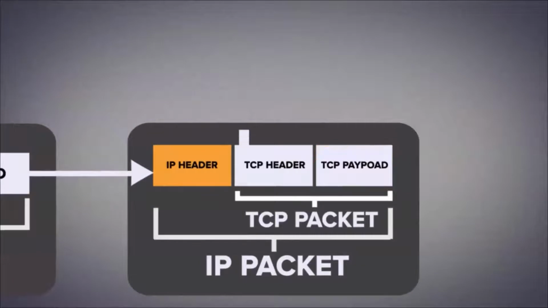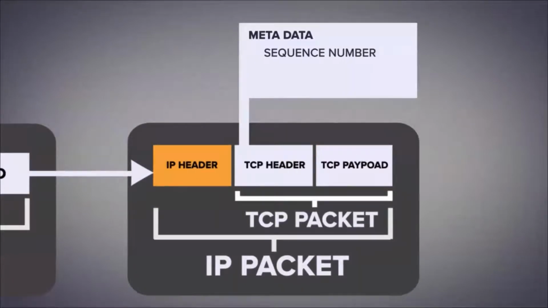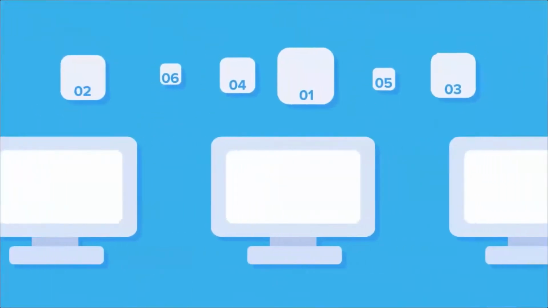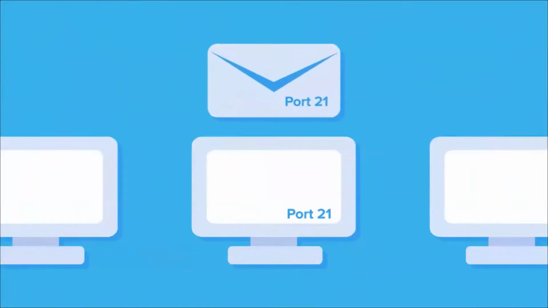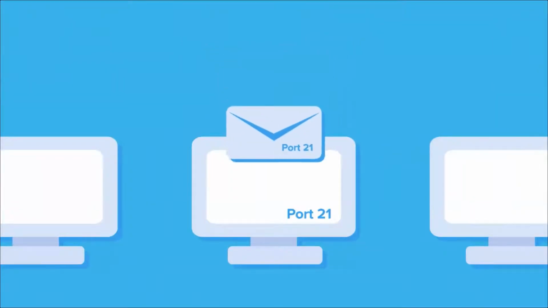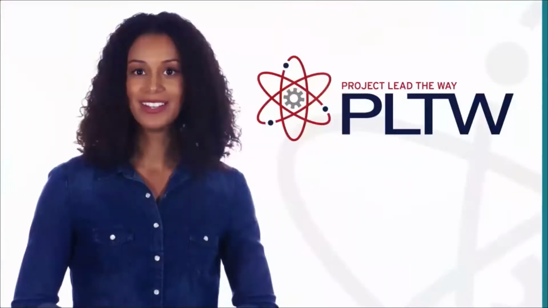The metadata in the TCP header includes fields like sequence number, port numbers, and some error handling data. When the packets arrive at their destination computer, TCP uses the sequence numbers to assemble the data packets in the correct order. Then, TCP uses the destination port number to deliver the packets to the correct software application.